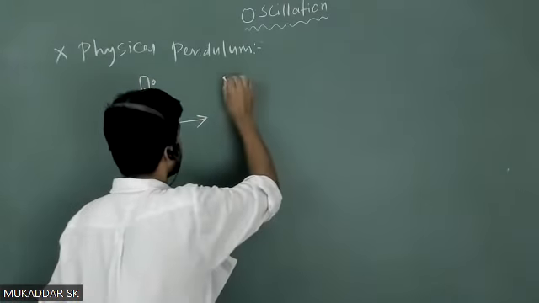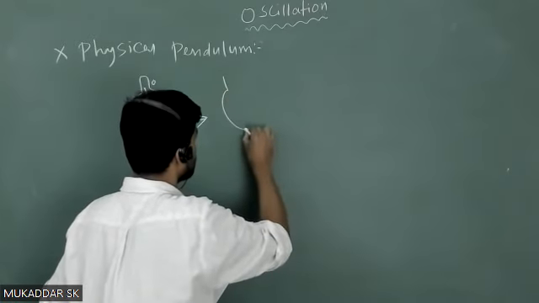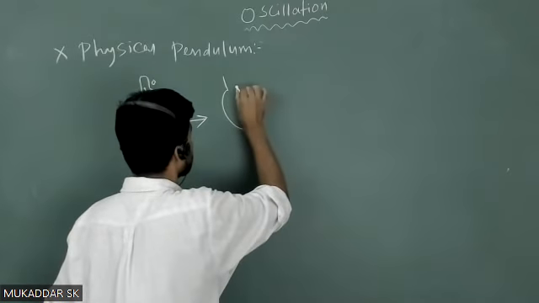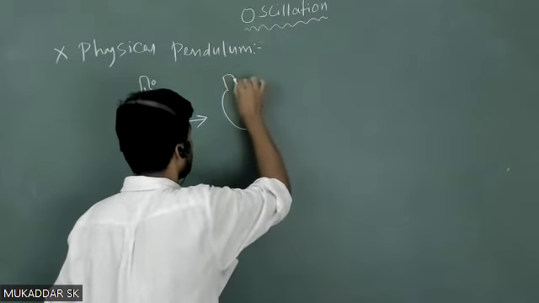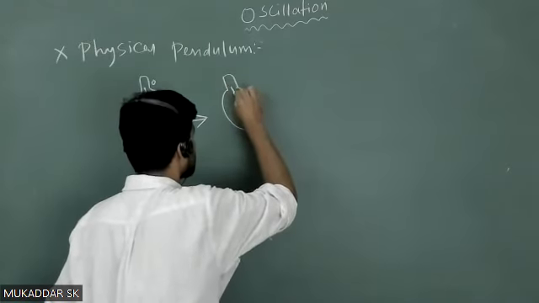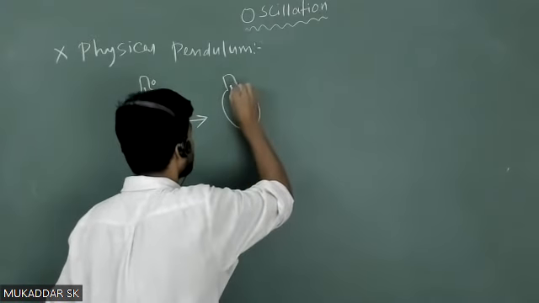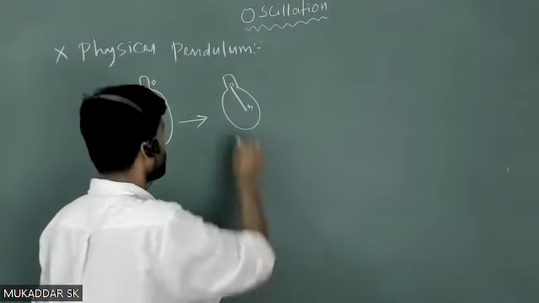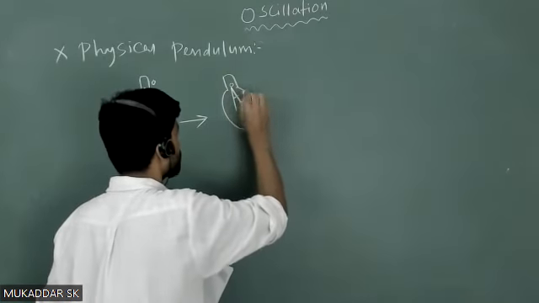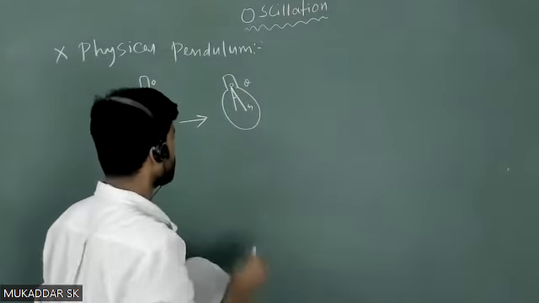If you rotate it by a small angle, let us consider like this. So this is your center of gravity. This is the point of suspension after rotation. And let us take this angle of rotation, that is theta.